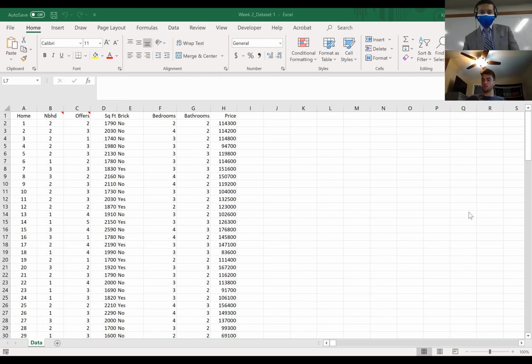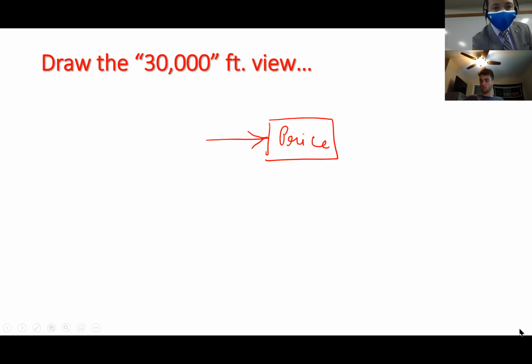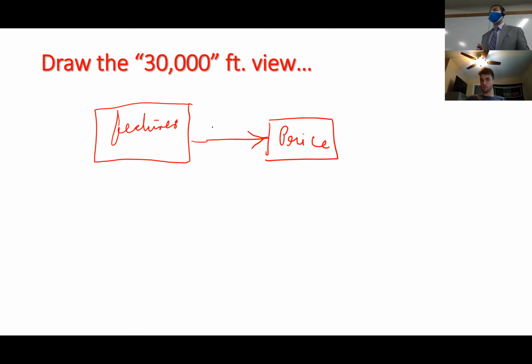So we'll say features. Is there anything else we can also add? And these are internal features, right? Sarah, location.